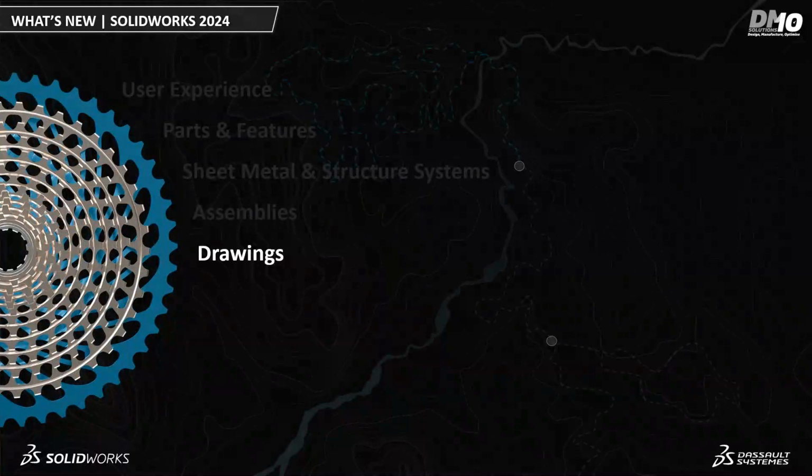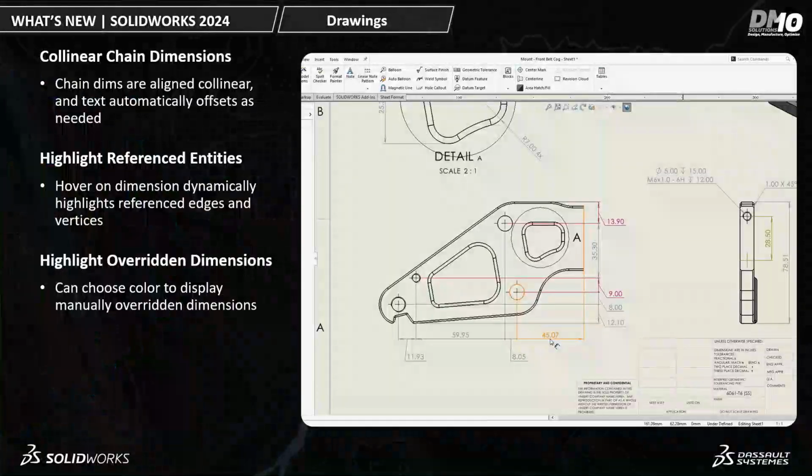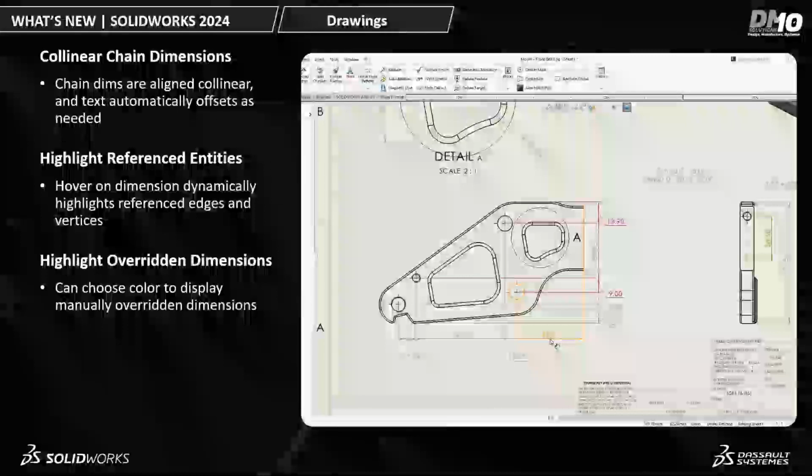So those were the major ones in the area of the assembly. And to move on to the drawing environment, I've noticed that the bulk of enhancements this year came in the areas of visualizing the drawing and also dimensioning.